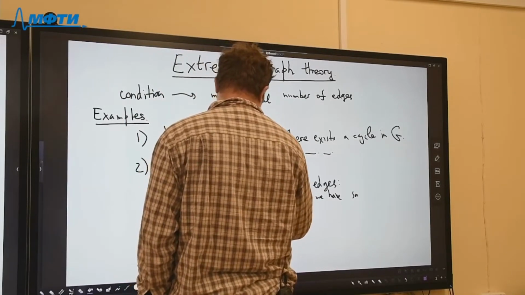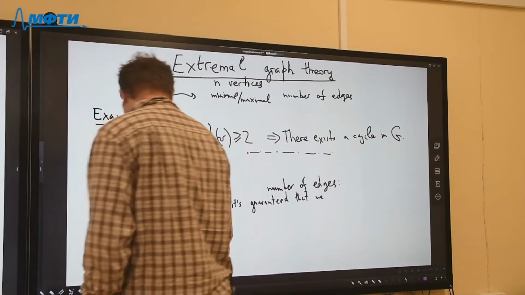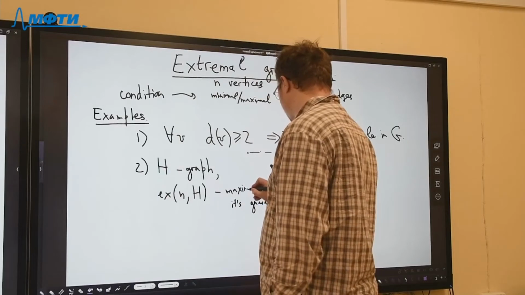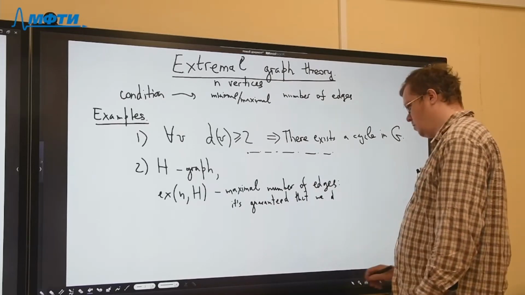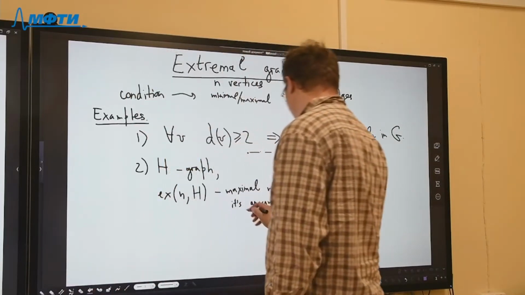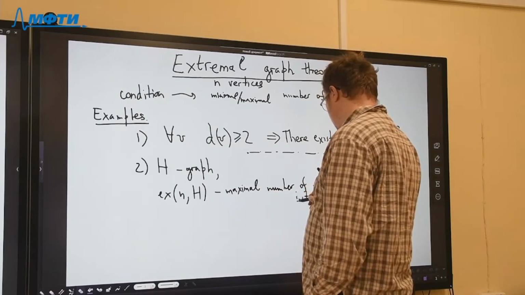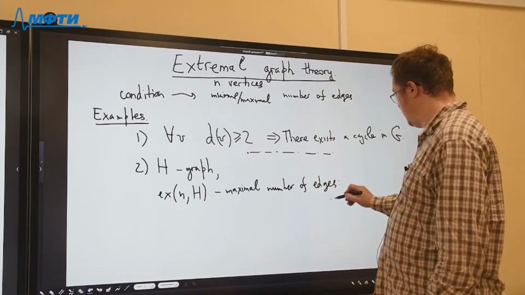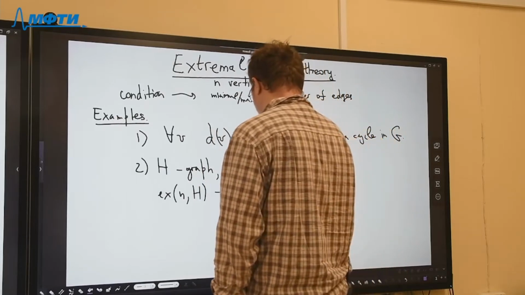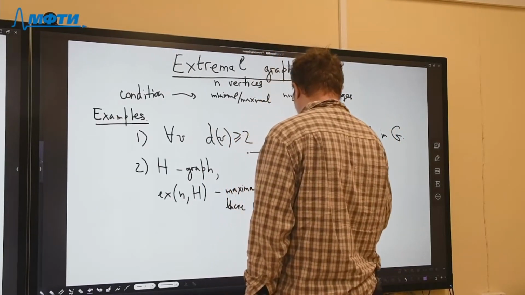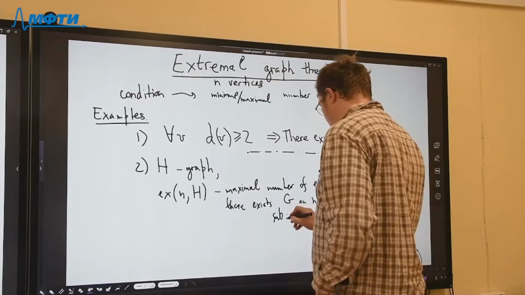Yeah, so maybe it's not minimal but maximal, and right, that there exists a graph G on n vertices without a subgraph isomorphic to H.